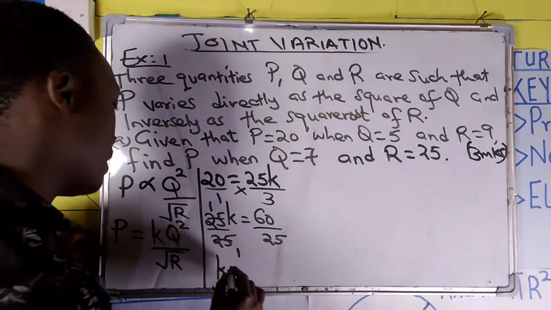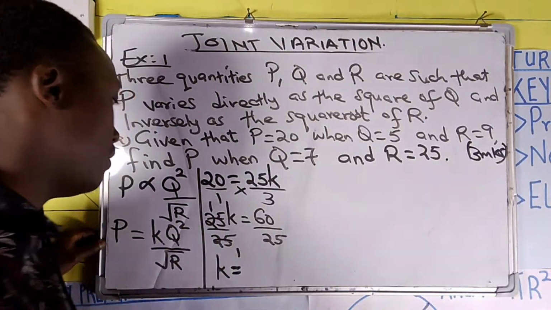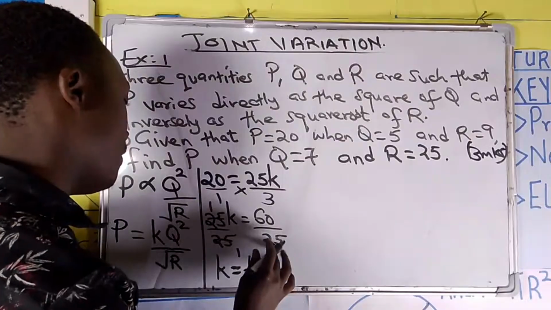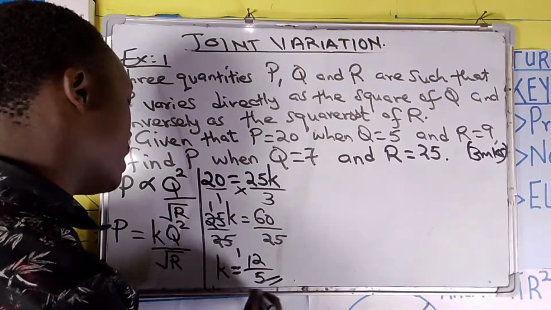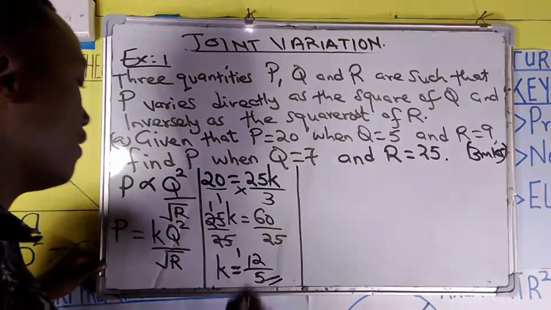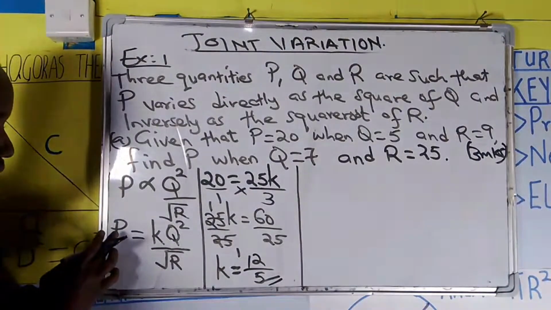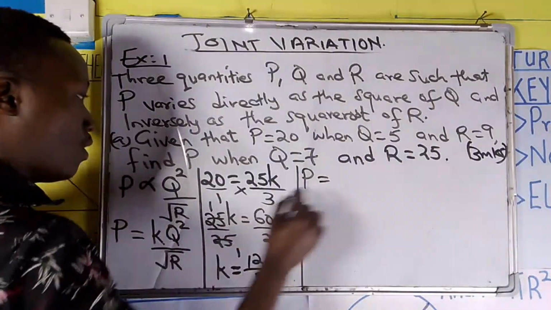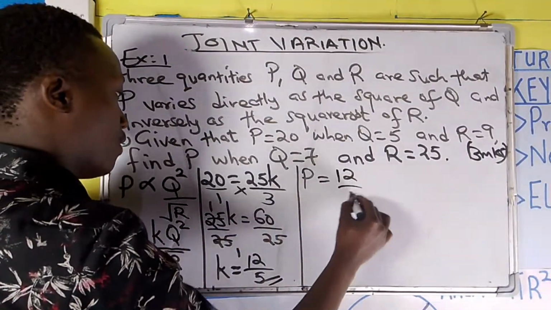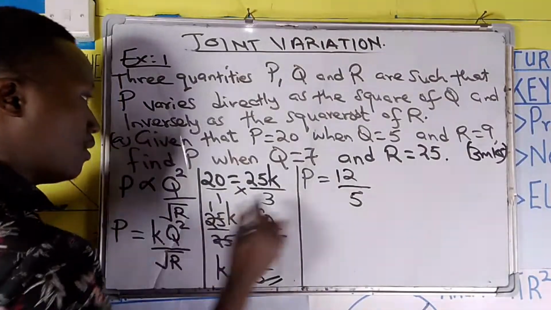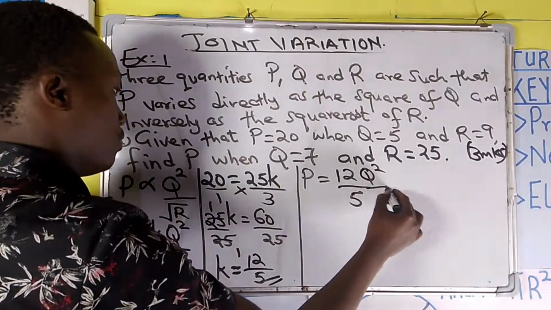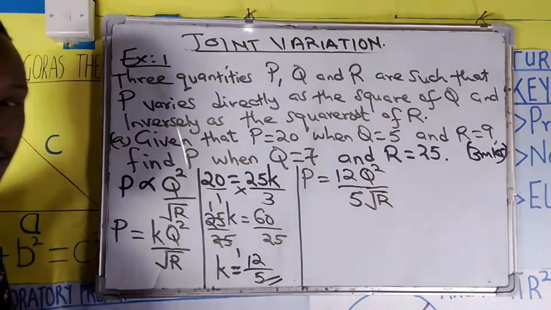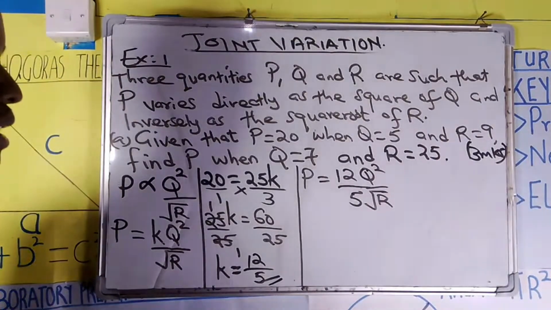We can write it as a fraction, dividing by 5: 12 over 5. So if K is 12 over 5, then our P will be equal to 12 over 5 Q squared over the square root of R. There is no difference.